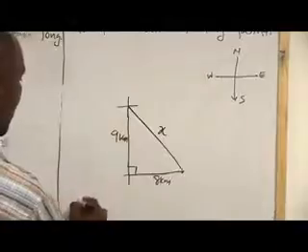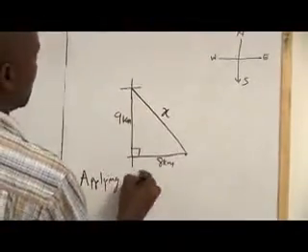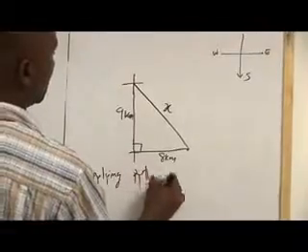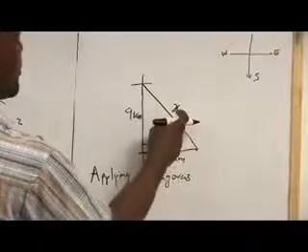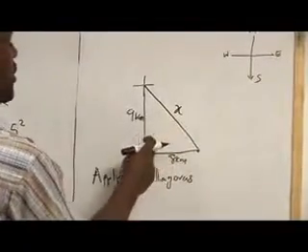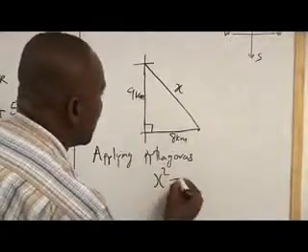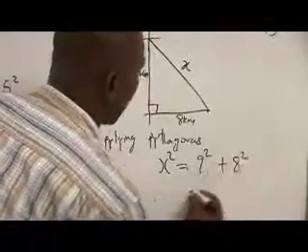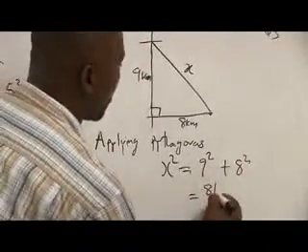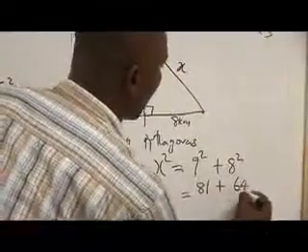Applying Pythagoras here. We have, where's the hypotenuse? Is x. Why is it the hypotenuse? It is facing our right angle. So we have here x squared is what? 9 squared plus 8 squared. 9 squared is 81. 8 squared is 64.